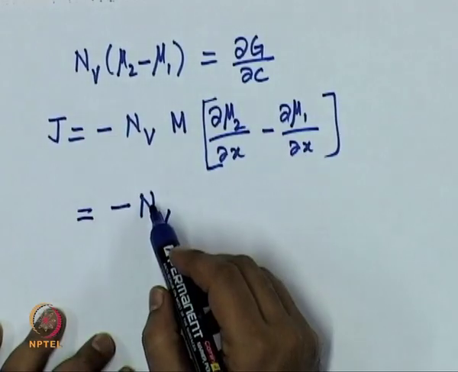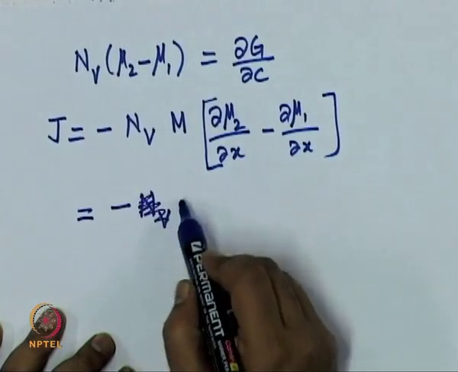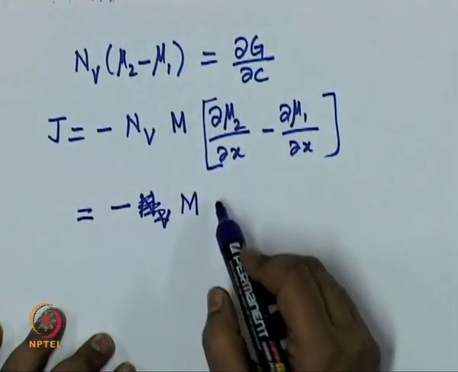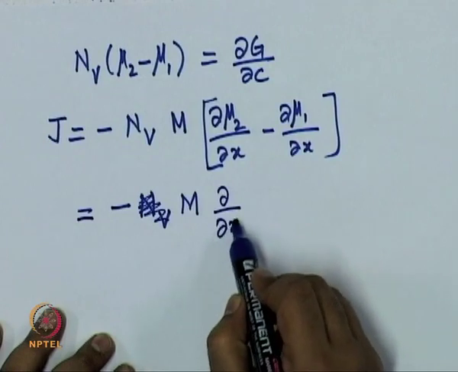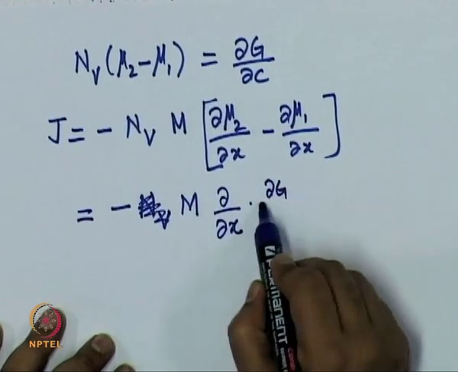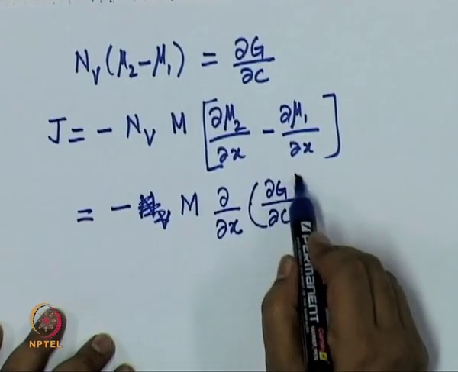So, N V I am going to absorb, and that is nothing but minus M times ∂/∂x of ∂G/∂C.